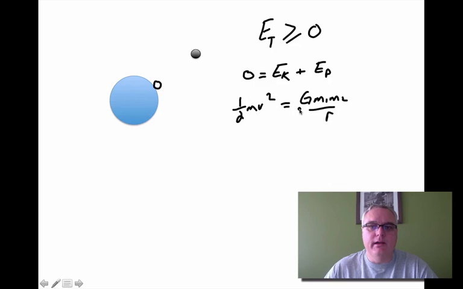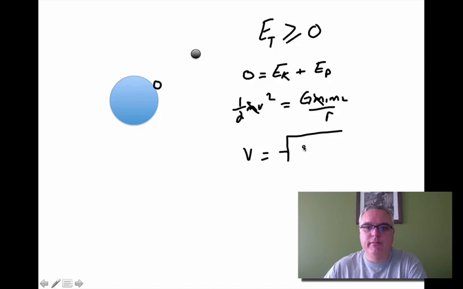So I've taken care of the negative signs here. The mass of the satellite disappears. And what we get is v is equal to the square root of 2 times G times m2 over r. And this is what's called escape velocity.